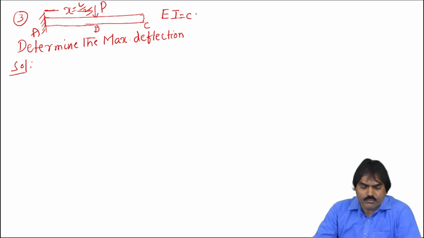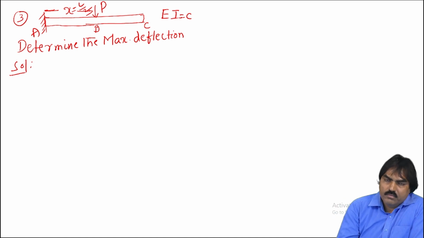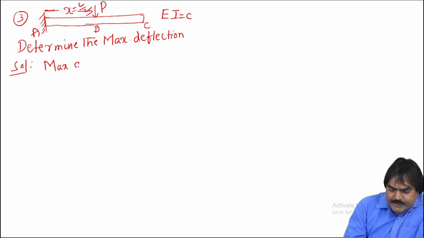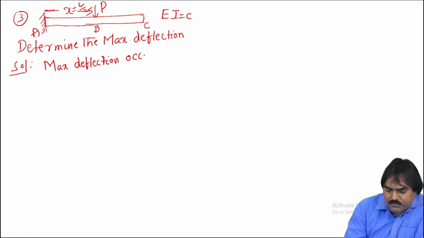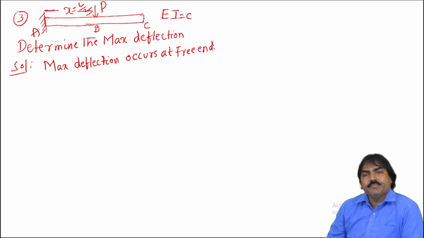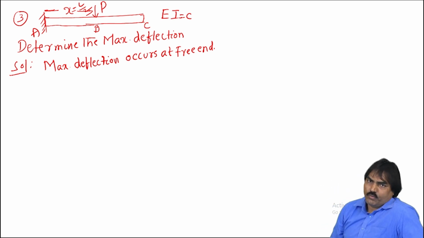Determine the maximum deflection. Okay, that means we have to find the deflection at the free end. Solution. Maximum deflection occurs at the free end. Okay. Maximum deflection occurs only at the free end.